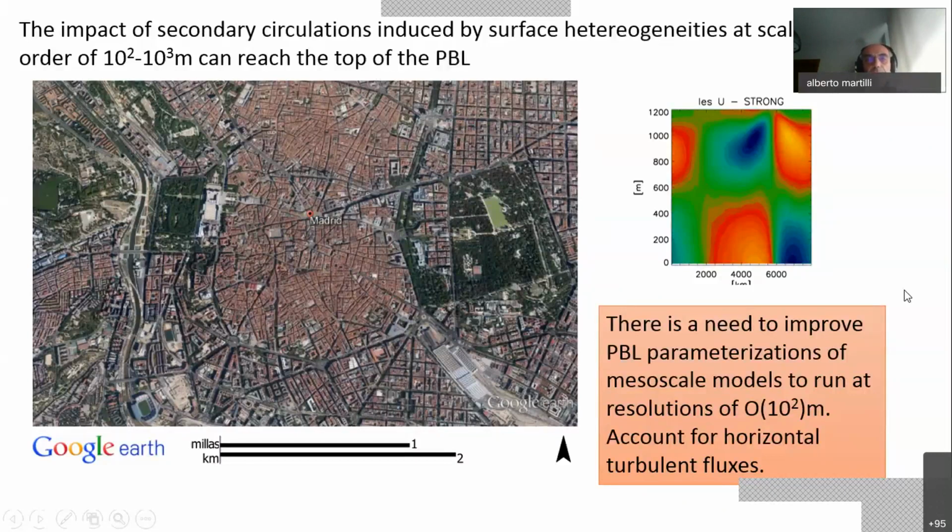And so I think now we are reaching a point where we have a resolution high enough to resolve these features. But the point is that the turbulence closures that we use are not adapted to this type of work, mainly because they are built on the approximation that the horizontal derivatives of mean and turbulent fluxes are 0, which is certainly not the case in this situation.